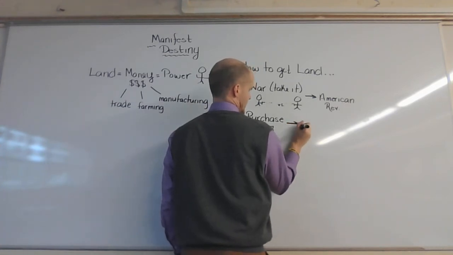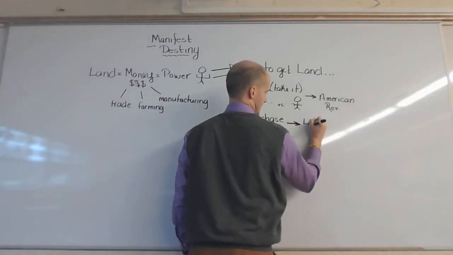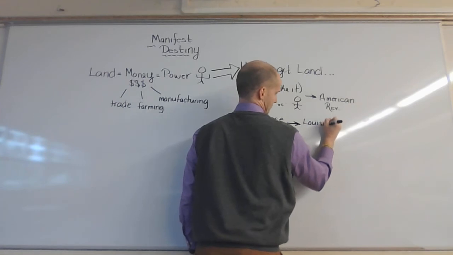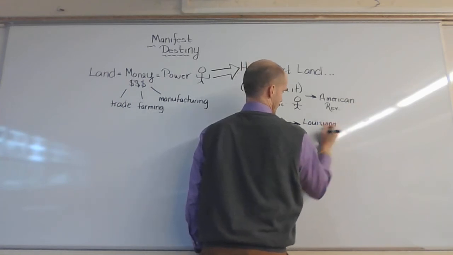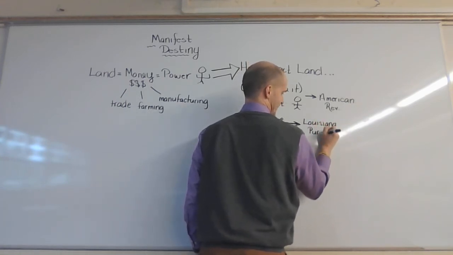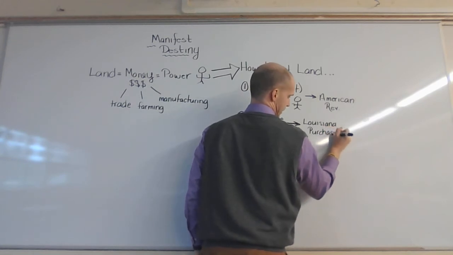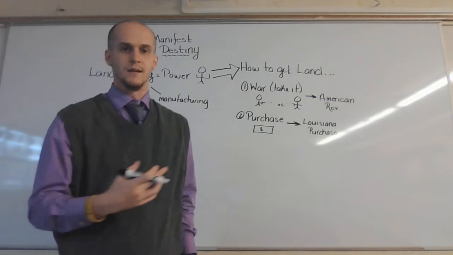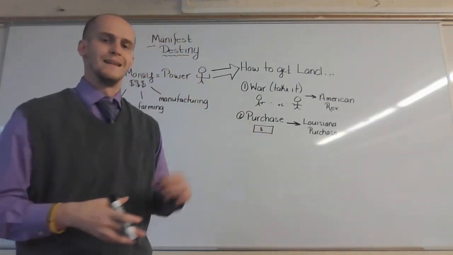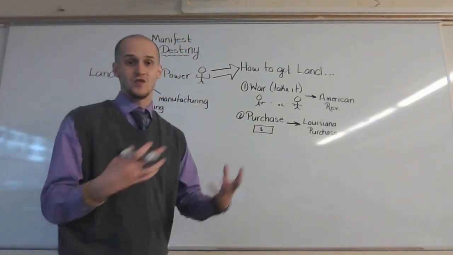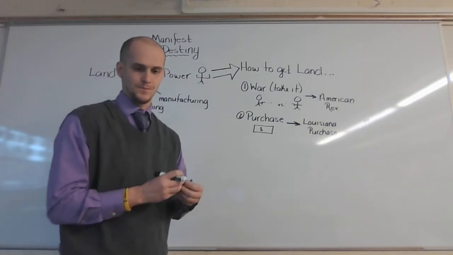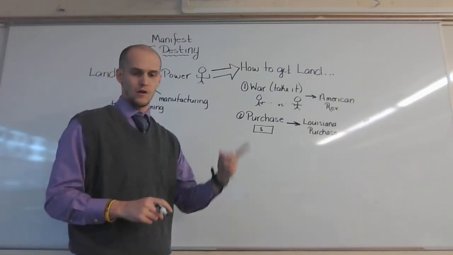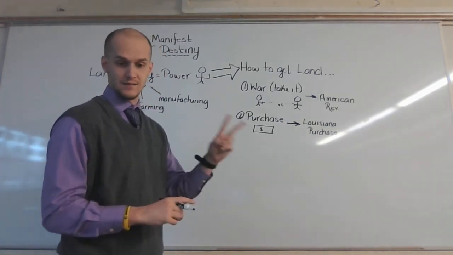It becomes known as the Louisiana Purchase. Again, we will talk more about these, but these are the 2 most common ways to obtain land: take it through warfare, or buy it.